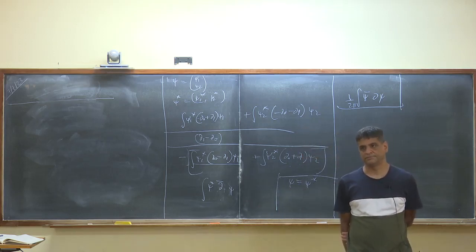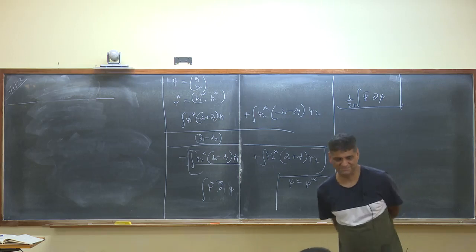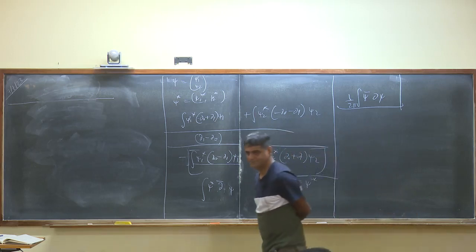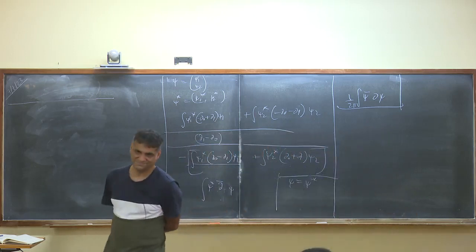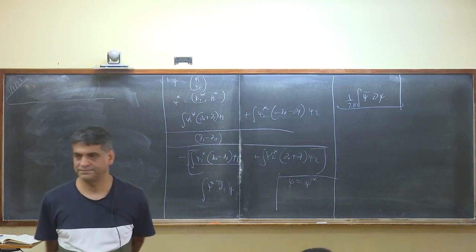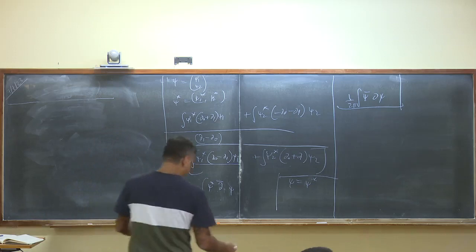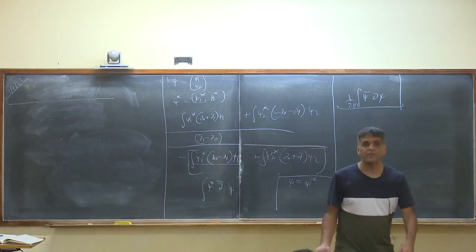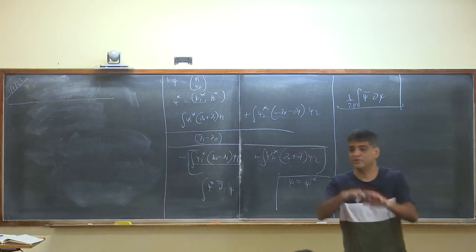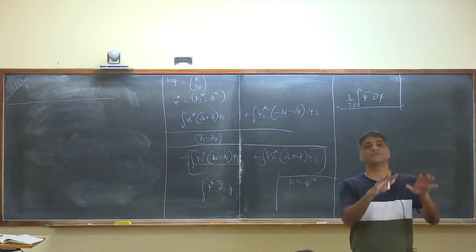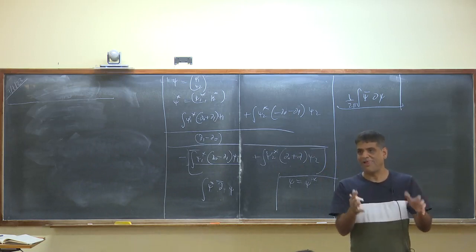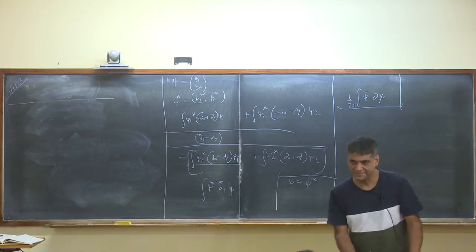Now, from what I understand, you can always take this metric to be Weyl equivalent to the flat one. How does that work? Okay. As you mentioned, every metric in 2 dimensions is Weyl equivalent to just flat space.